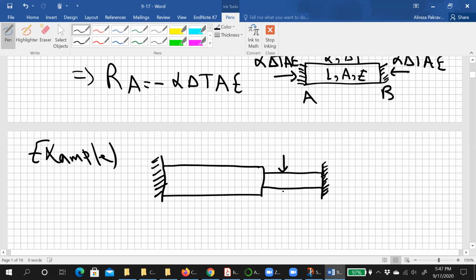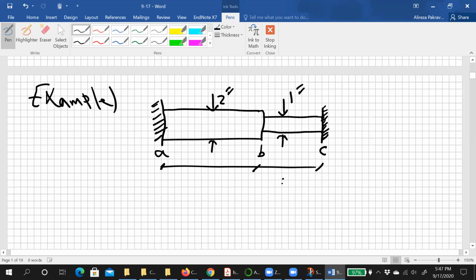The diameter of this one is 1 inch. The diameter of this segment is 2 inch. Let's put this is A, for example, this is B, this is C. The length of the segments would be 8 inch and 10 inch.